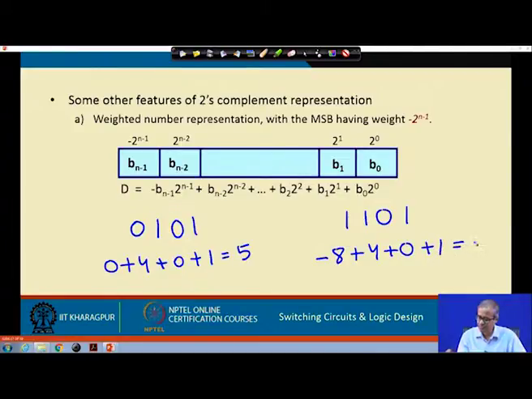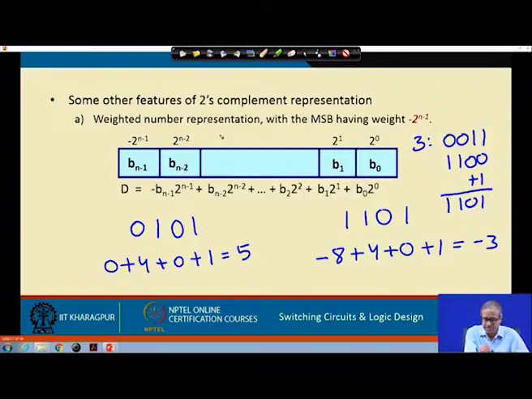So, this comes to minus 3. You can check: minus 3, you take plus 3 which is 0011, take the 1's complement, add 1, it becomes 1101, the same 1101. So, this is a very quick way of finding out the value of a 2's complement number.